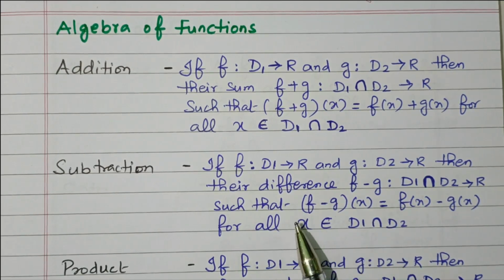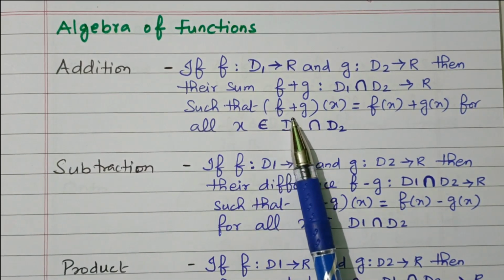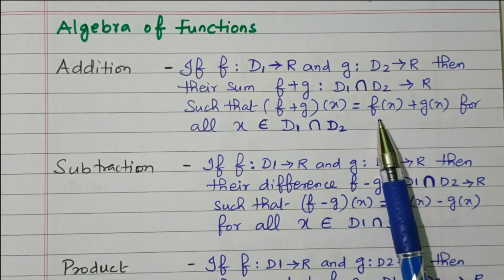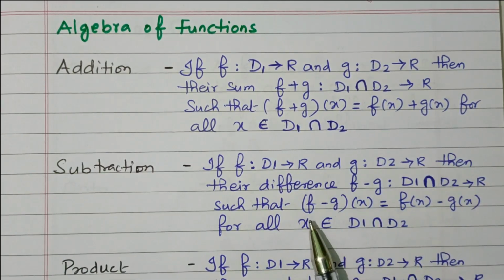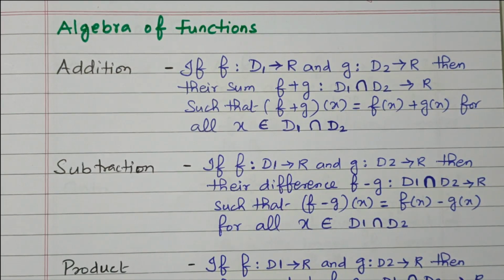It is very similar to addition. In addition we add f(x) plus g(x), and similarly while subtracting we write f(x) minus g(x) for all x in D1 intersection D2.